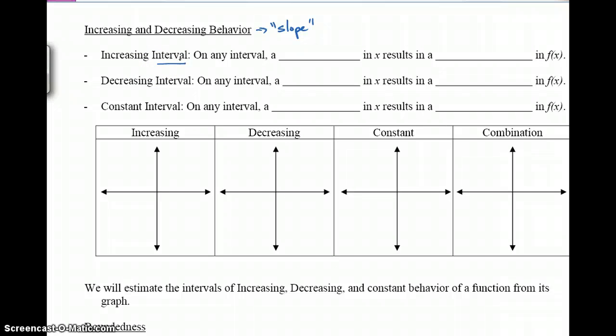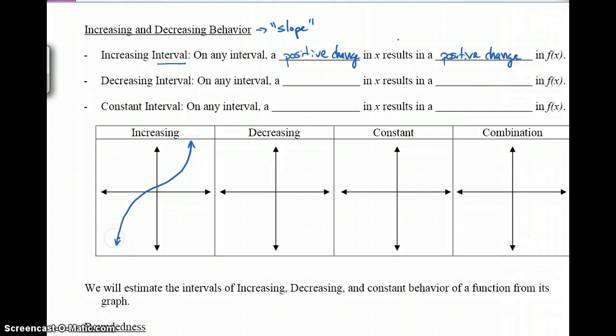So in any interval, if we have a positive change in x, so the x is going from, say, 1 to 4, so we're going left to right, that positive change results in a positive change in our f of x. So our graph would be similar to this.